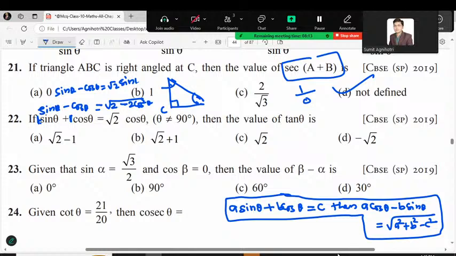Now you can simply divide them, or you can simply add them. If you will add them, this cos cancelled, you got twice sine theta equal to root 2 sine theta minus root 2 cos theta.